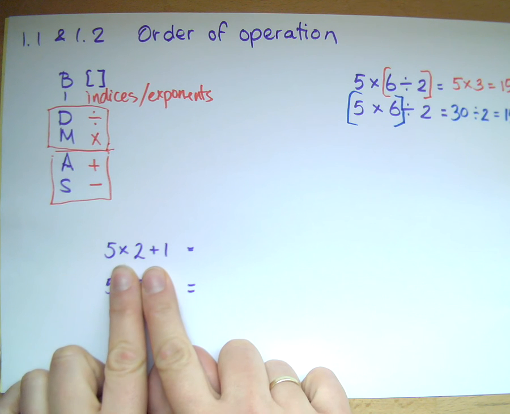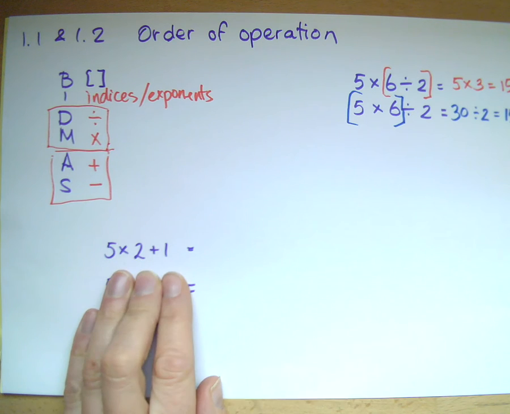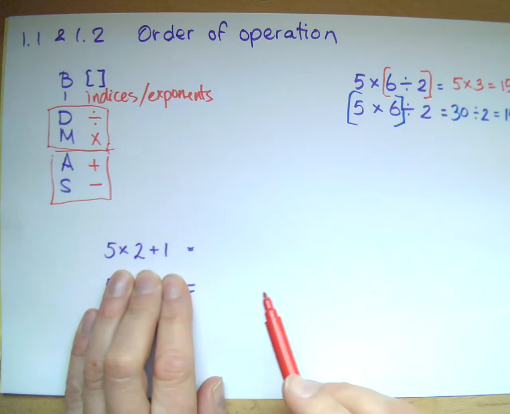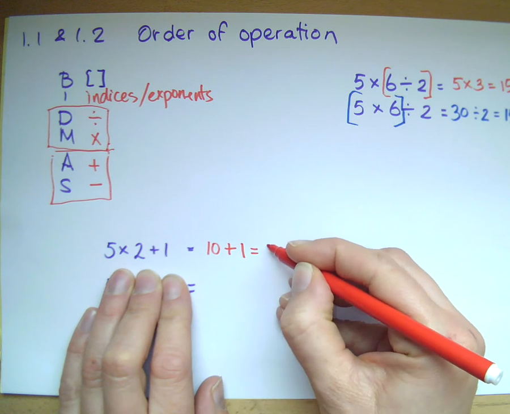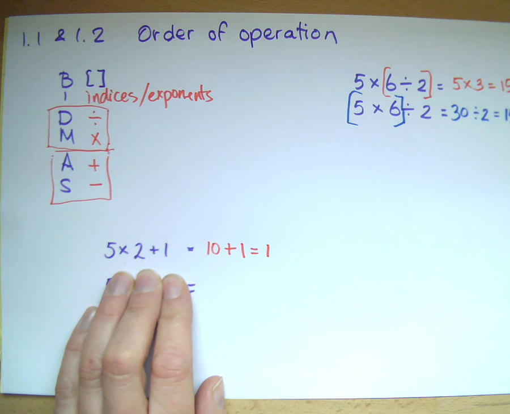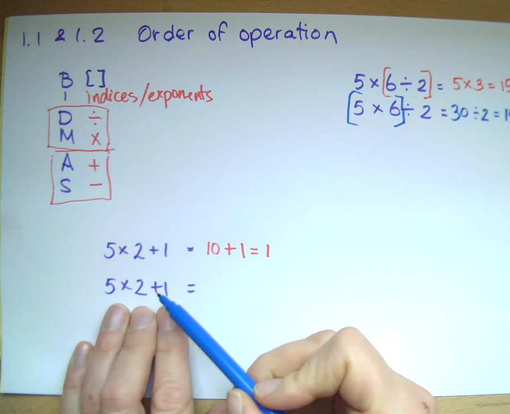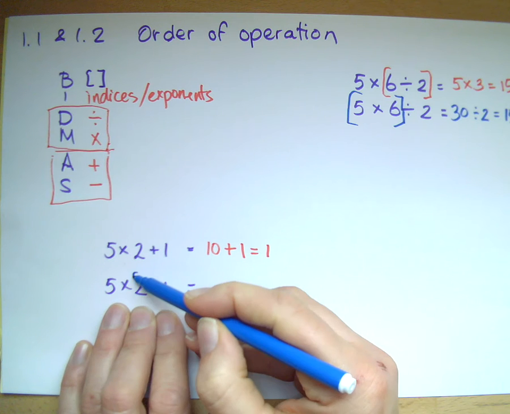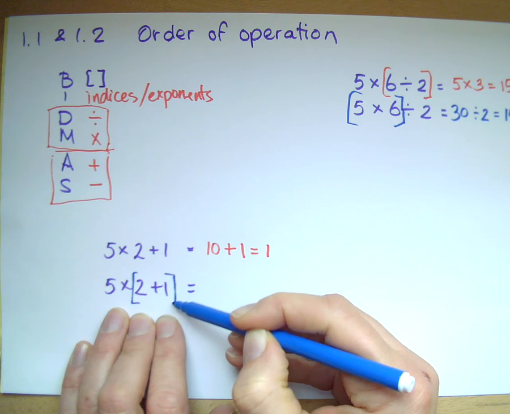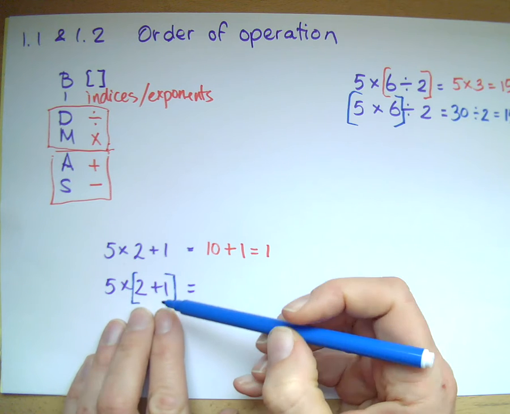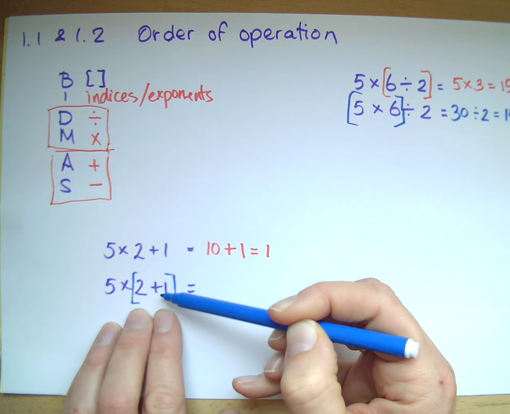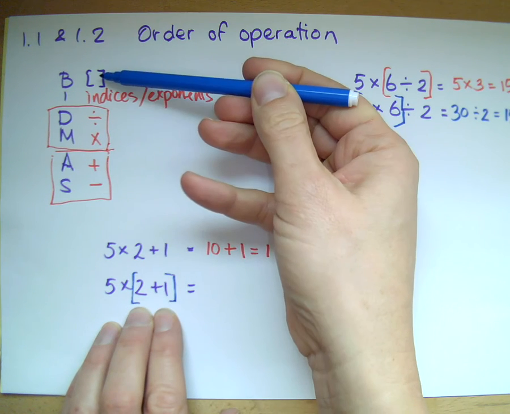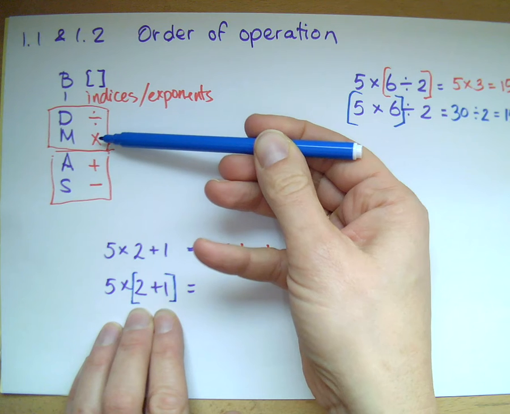If we don't put any brackets, we would solve this problem by doing the multiplication first. 5 times 2 is 10, and then we add the 1, which gives us 11. If we put brackets around this addition, now we have to do the addition first because it has brackets and that comes before multiplication.